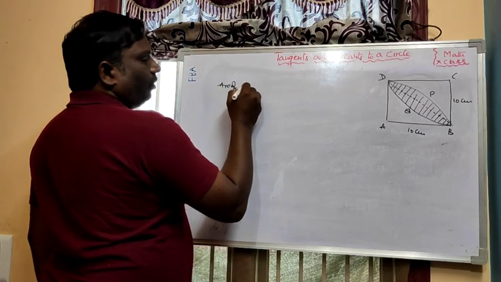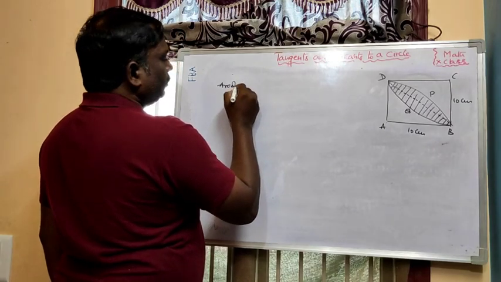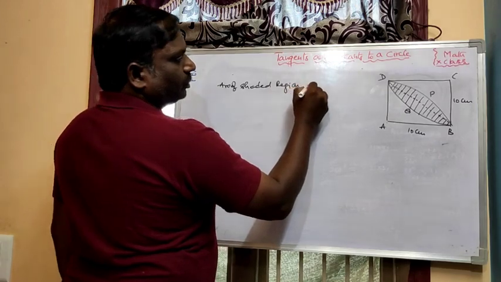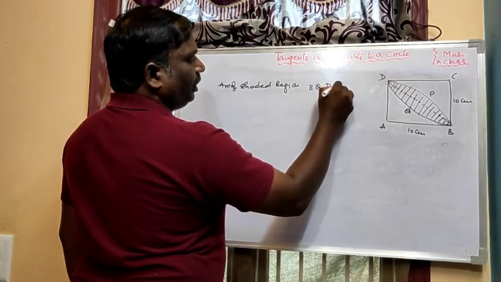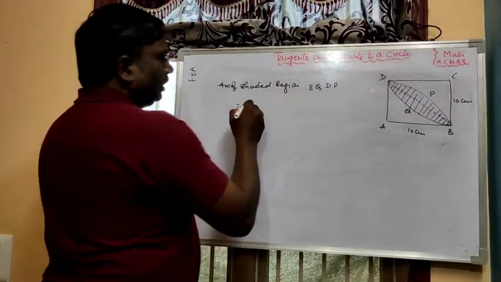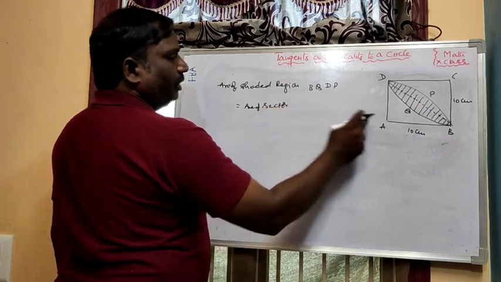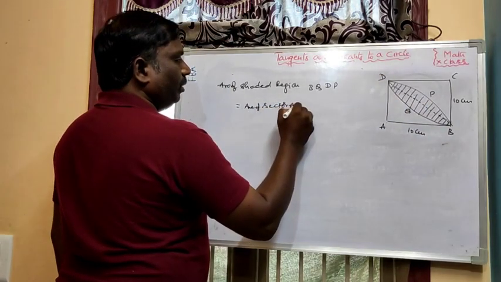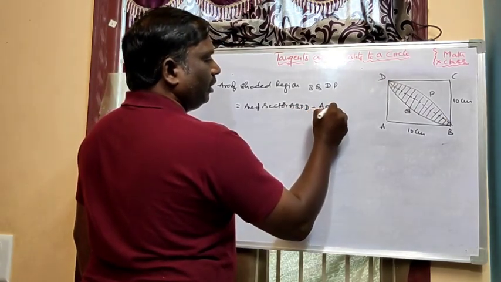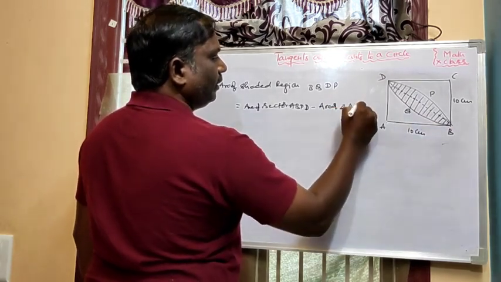Area of shaded region BQDP equals the total shaded region, that is area of sector ABPD minus area of triangle ABD.